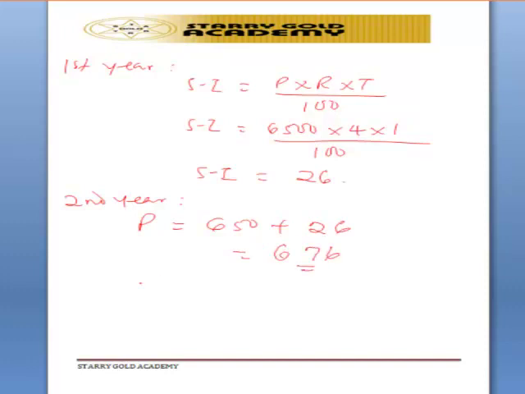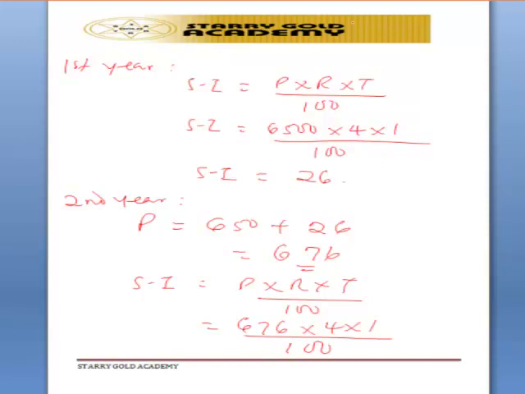This is our new principal. So simple interest will now give us P times R times T over 100, and this will give us 676 times 4 times 1 over 100. That is 27.04.